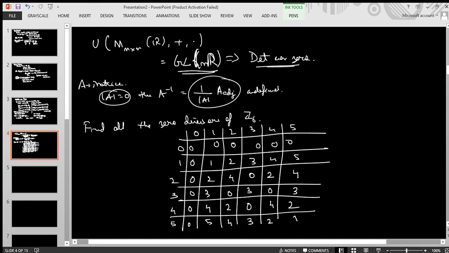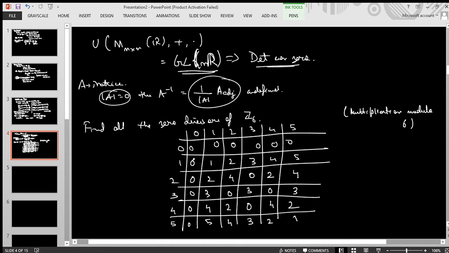I hope this operation table is clear. These things you should already know from studying ring theory. We have just used multiplication modulo 6. So what are the zero divisors we can see from here?